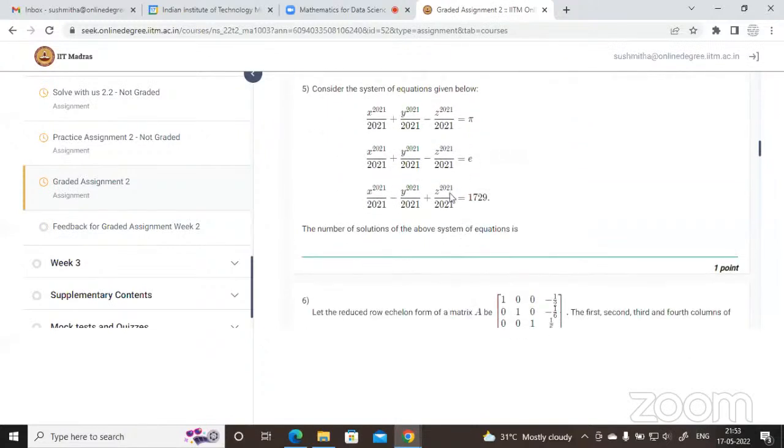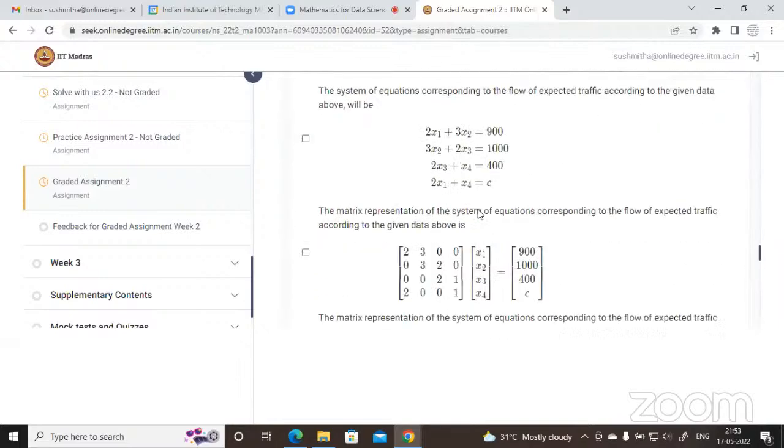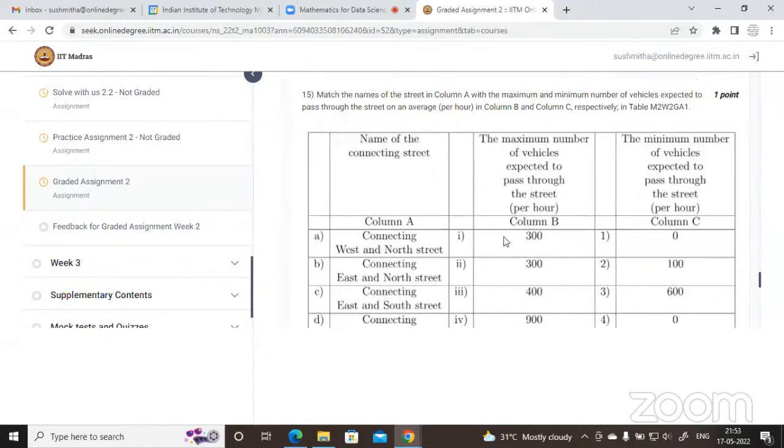Okay, you just have to solve the system, right? You have a square system. That's the hint. And for question 15, what will be the approach? I don't remember what this maximum number of vehicles is, so only if I solve it will I know.